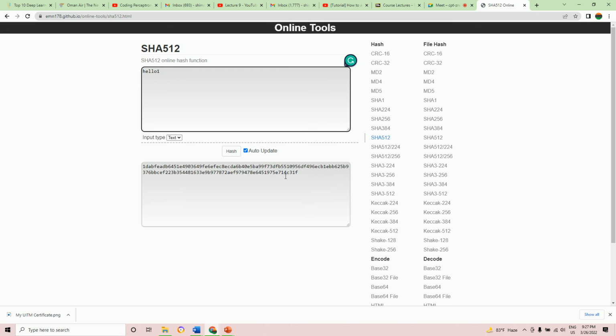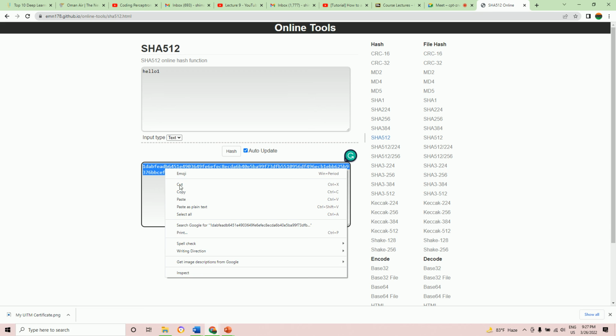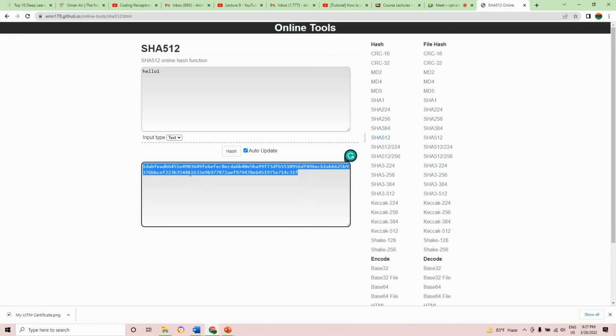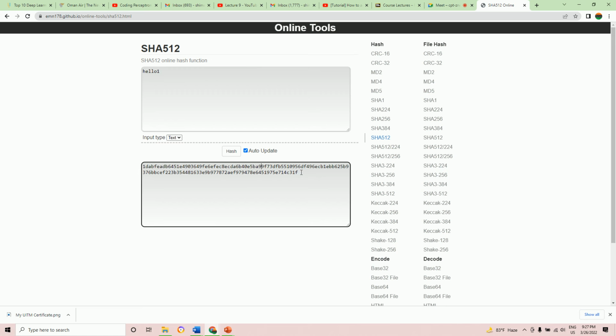Suppose I give this hash value to someone and ask the person to find what the plain text is. It is not possible. It is very difficult, so it's a one-way function. From the plain text you get the hash value.